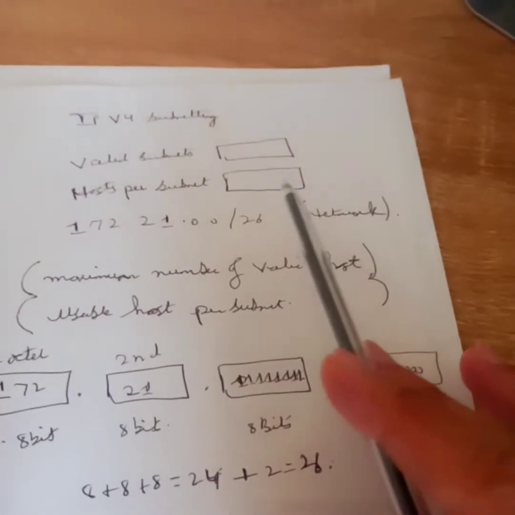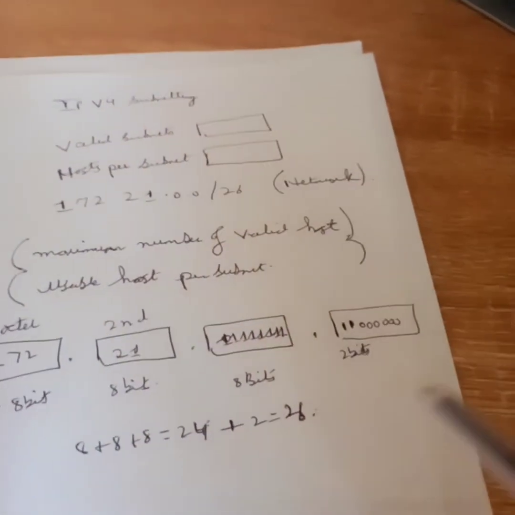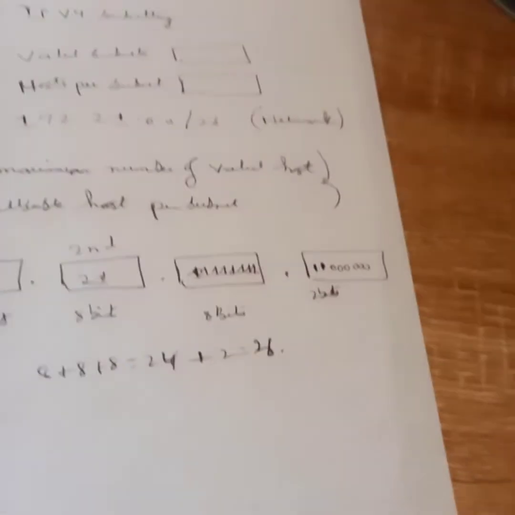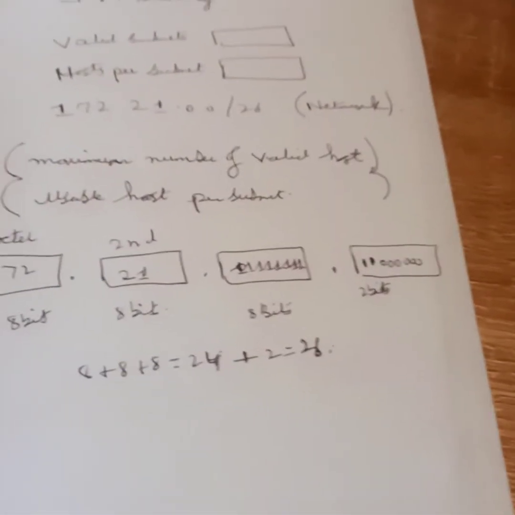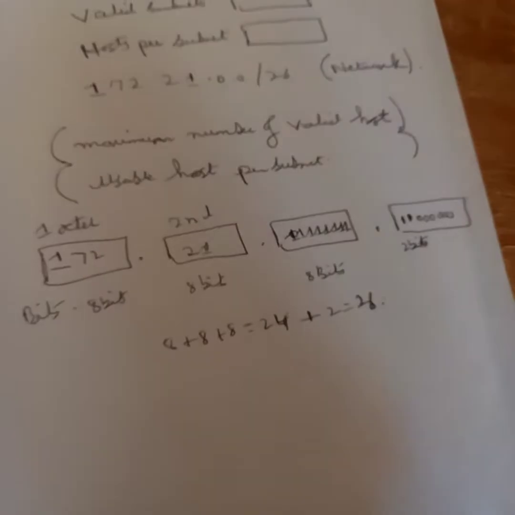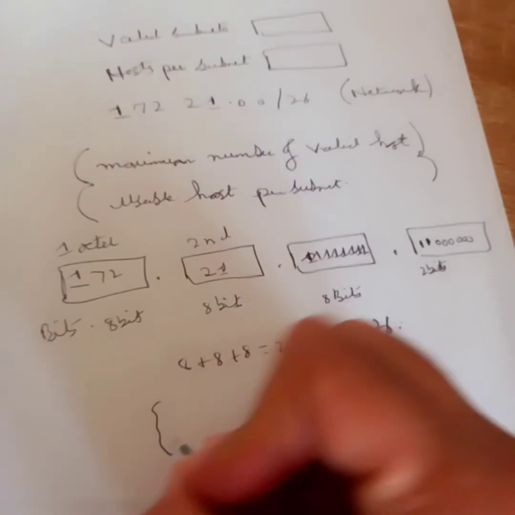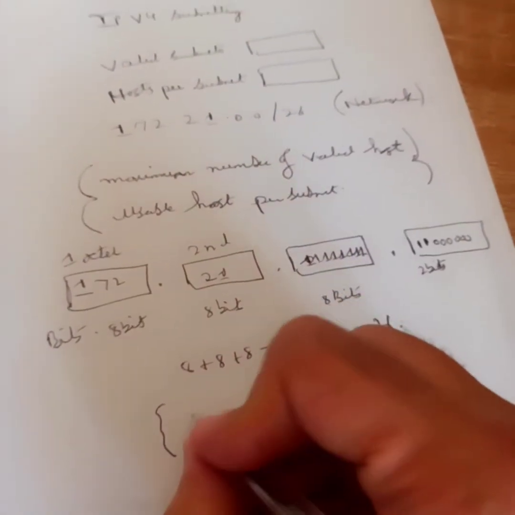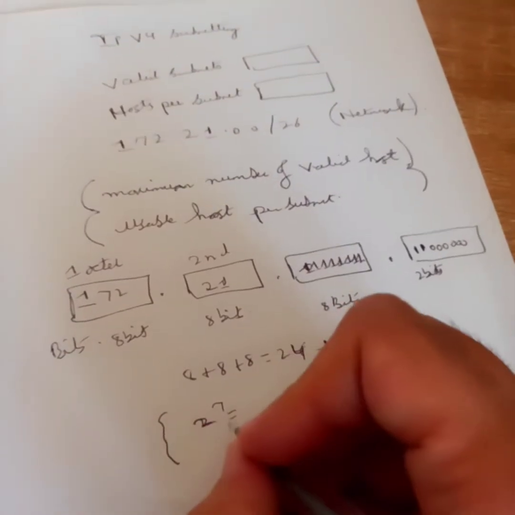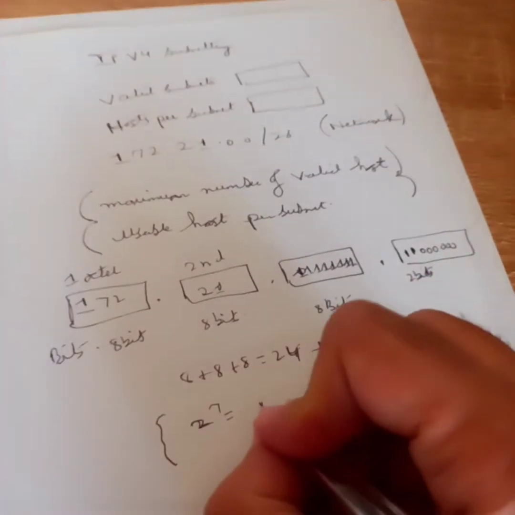In order to find our answer, we need to do this. So we have 26 bits here, as explained. Now, I just want you to remember the values of powers of 2. 2 power 7. Powers of 2 are very important. Why am I doing this?